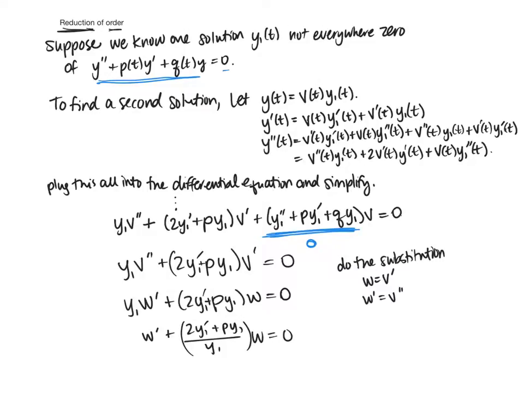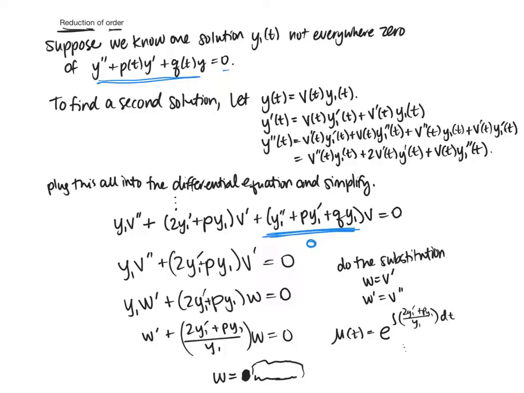And I'd want to let mu, my integrating factor, be equal to e to the integral of all of that. Then you multiply through by the integrating factor. So go back and review how to solve first order differential equations using integrating factors. Anyway, when I solve this, I'll get some solution w equals something with a t in it somehow.